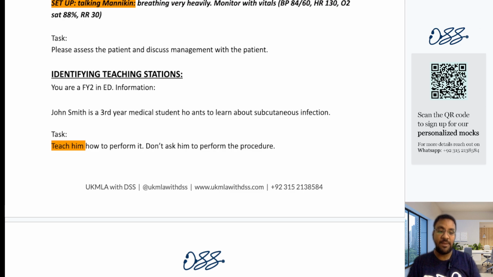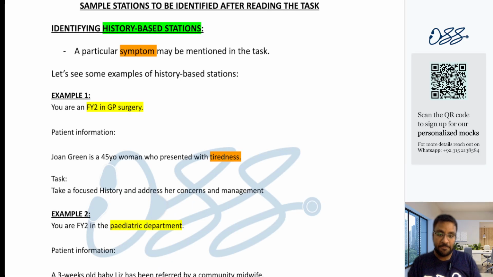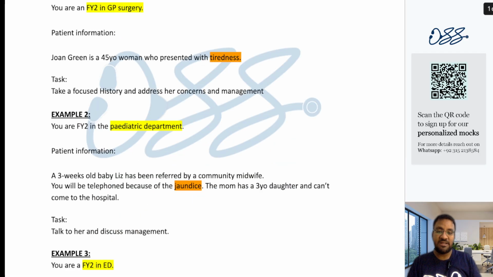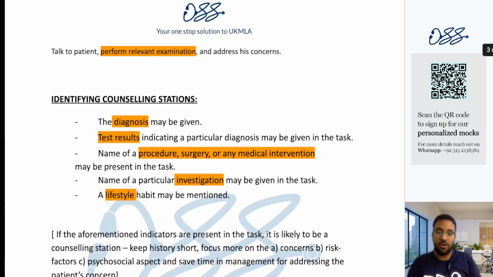That is where the patient will either give you a symptom, or a diagnosis, or hand over test results, or give you some procedure that he wants to know about, a particular surgery that the patient may want to get.